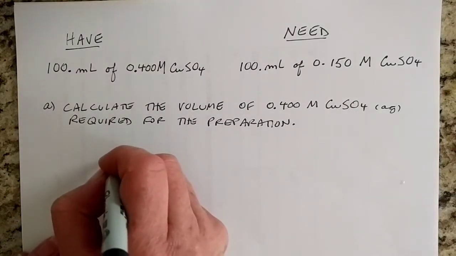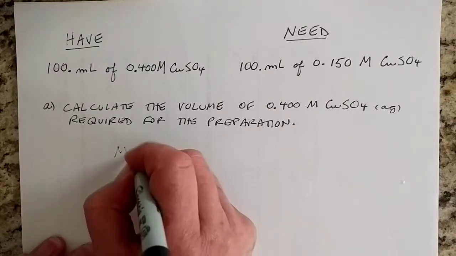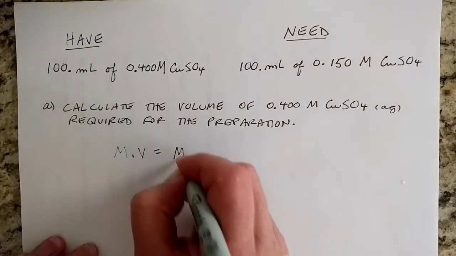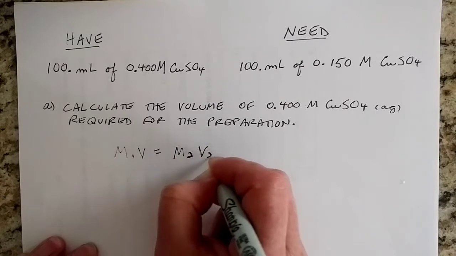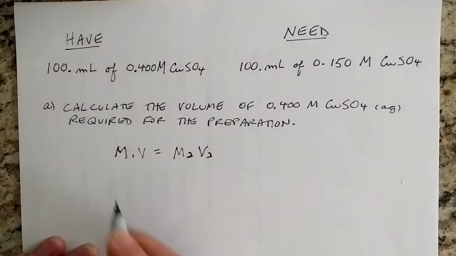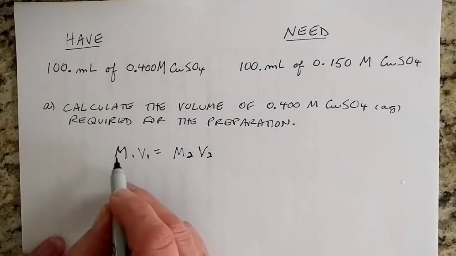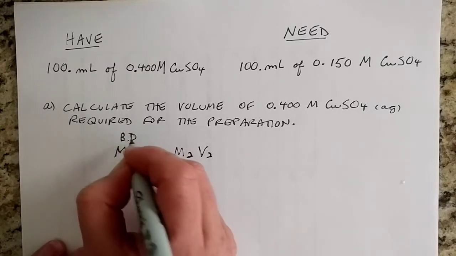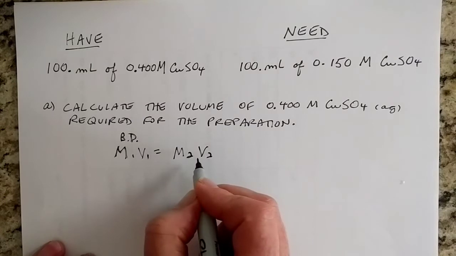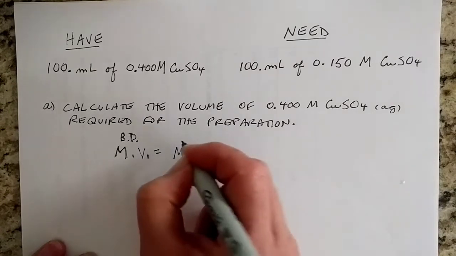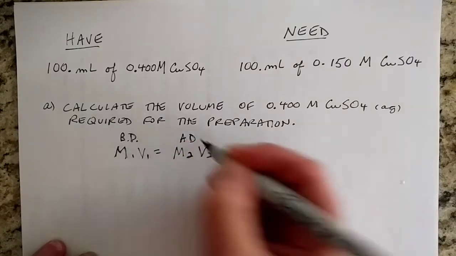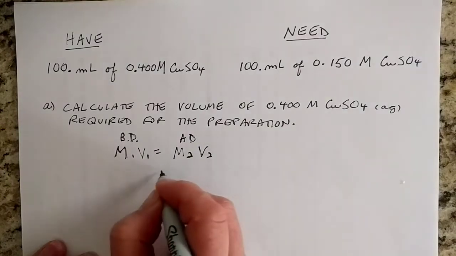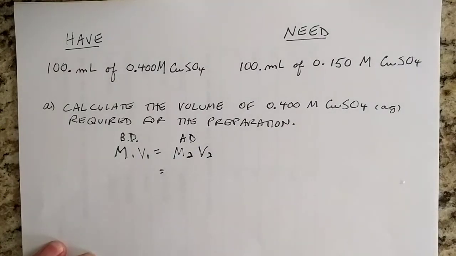So we use our handy dandy M1V1 equals M2V2. So M1V1, this is the molarity and the volume before dilution, and M2V2, that is the molarity and the volume after dilution. All right, so now we're going to just substitute in.